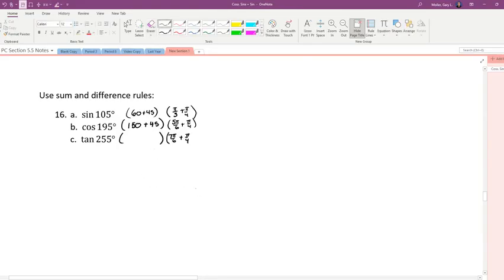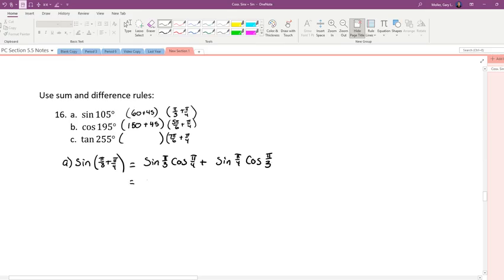All right, so now that I have that figured out, I know I need the sum formulas for each of them. So part A, the sine of pi over 3 plus pi over 4 equals the sine of the first one and the cosine of the second one plus the sine of the second one and the cosine of the first one.